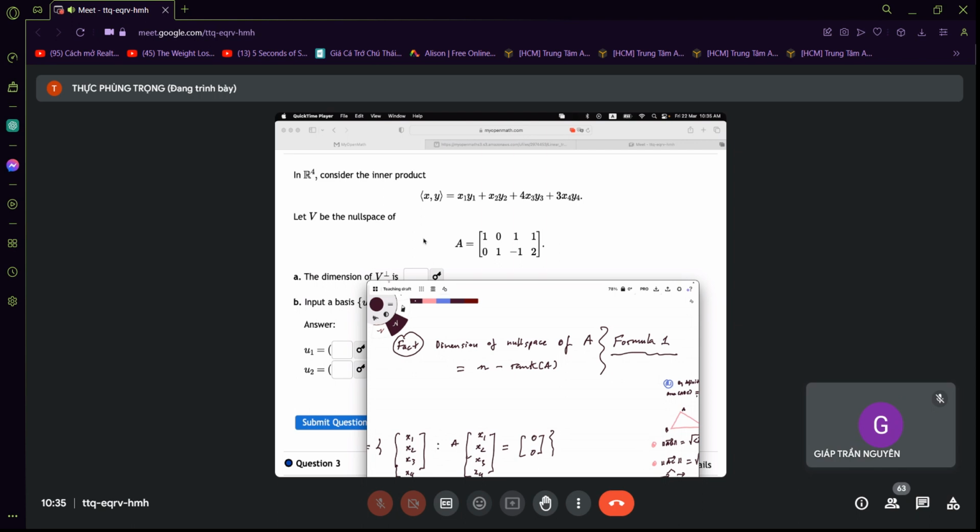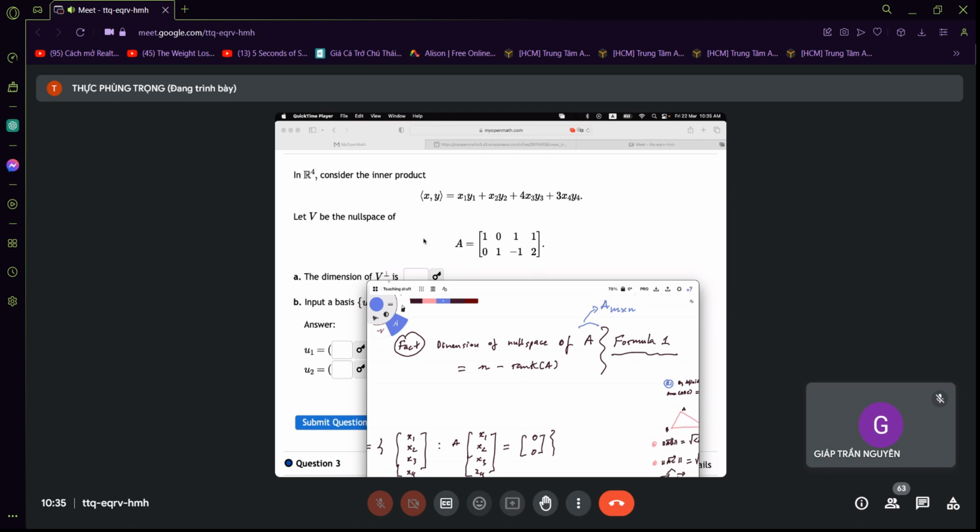What's the n? n is the number of columns of A. So let's say A is an m by n matrix. The number n is the number of columns of A. All right. Do you know this formula?